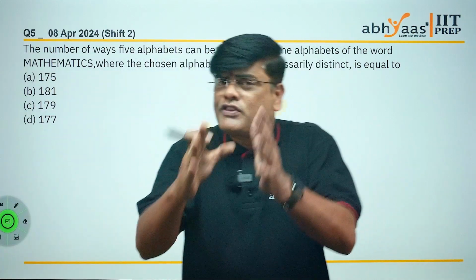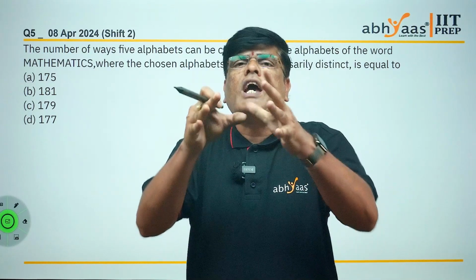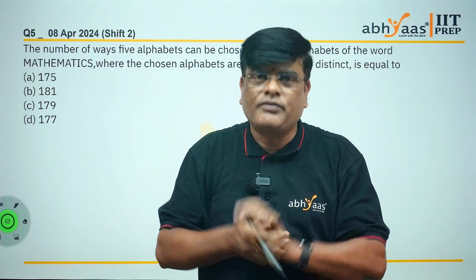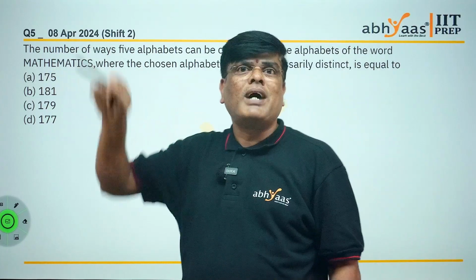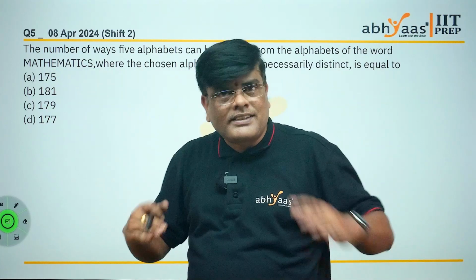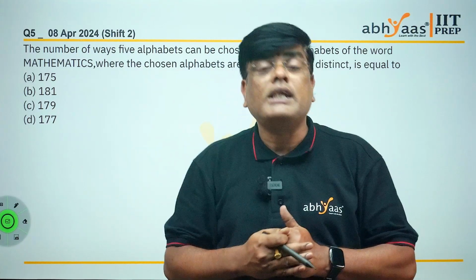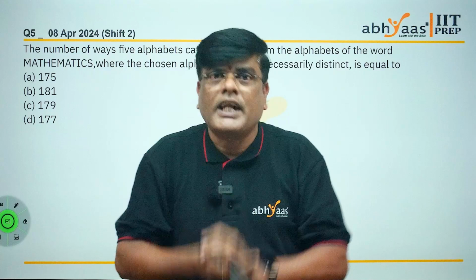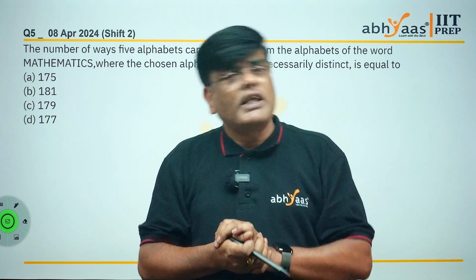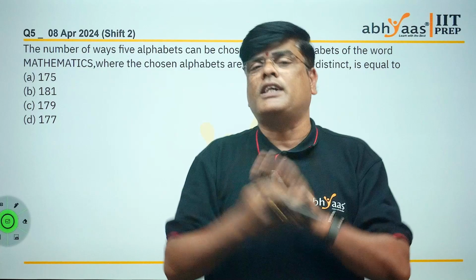That means we have to select 5 alphabets from the letters of the word mathematics, such that in the 5 letters we select, the letters need not be distinct. That is the condition. So we can select the same letters also in those 5 letters.